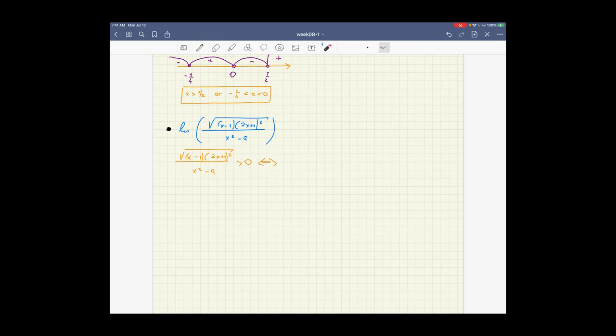Well, because the square root is always non-negative, all we have to do is require that the square root exists and be non-zero, and then the denominator be strictly positive.